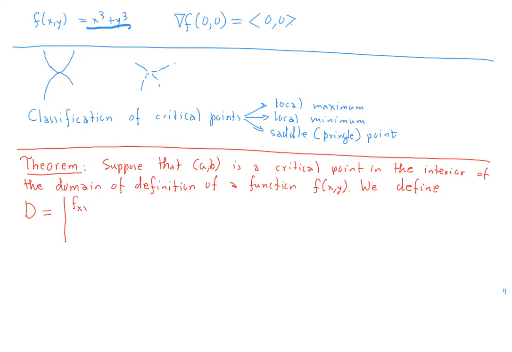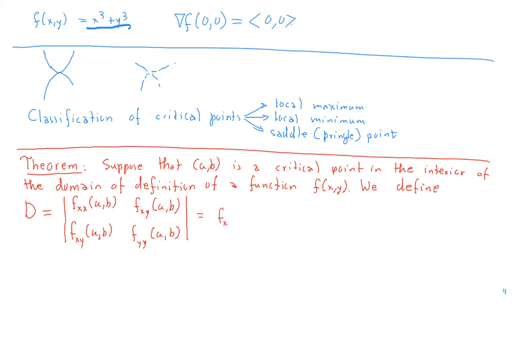So we put f sub xx at a b here, f sub xy at a b here, then f sub xy at a b. You could have put fyx, but by Clairaut's theorem, they're the same for all the functions that will be of interest to us. And I remind you how this determinant works, of course.